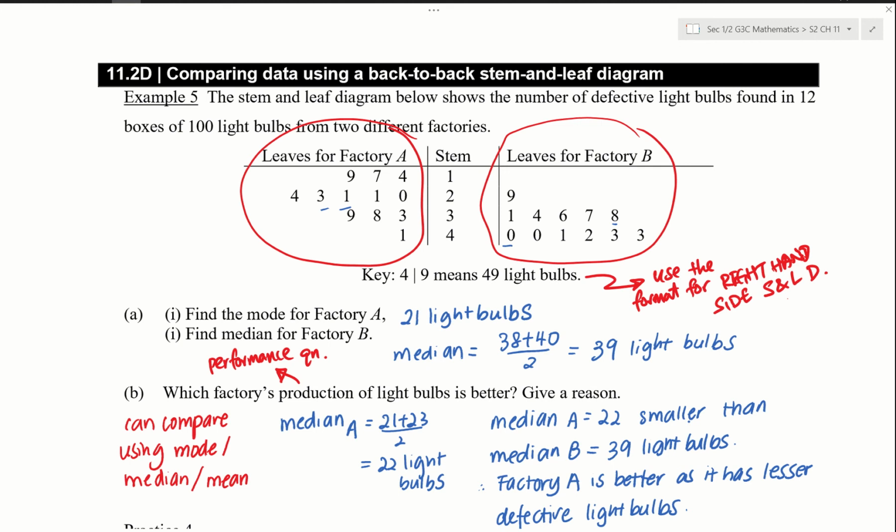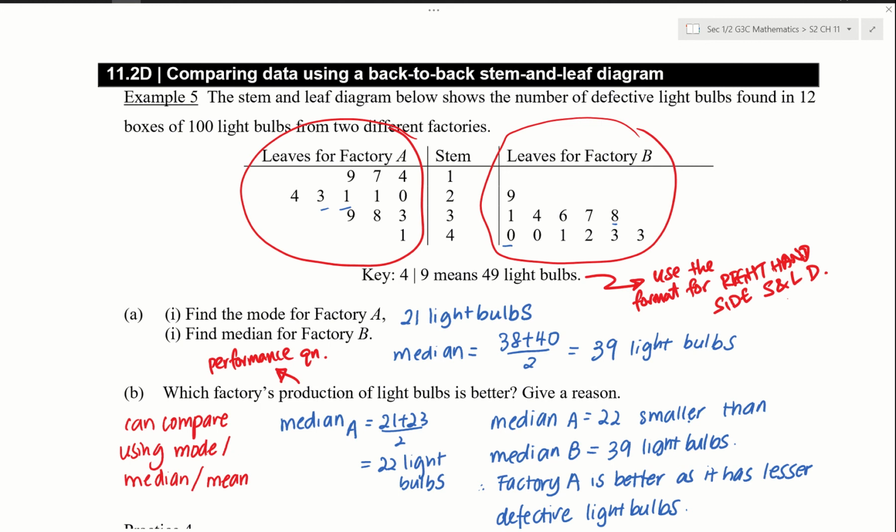So since you have calculated the mode and the median already, you need to decide, should you use the mode or the median in this case? Which is a better measure of the central tendency, mode or median? Median, right? Because the context over here is that we're finding the number of light bulbs that are defective.